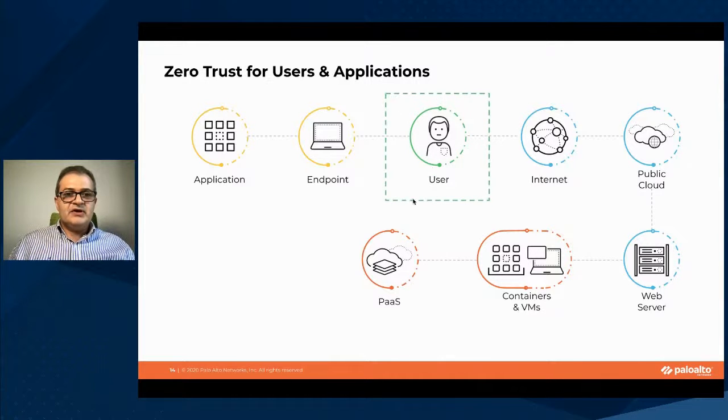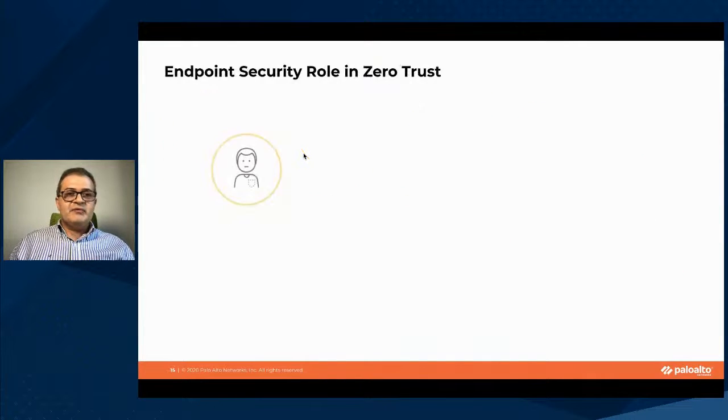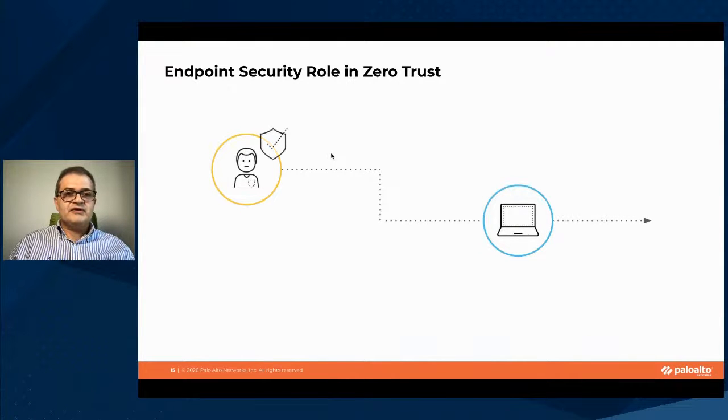In this case, this is the user and this is the identity we need to identify. We need to understand who this user is. We also need to understand the device and the workload that he's using. Is this a sound device? At this point, someone might ask, why do we need to check the integrity of the device? The user is more than enough.